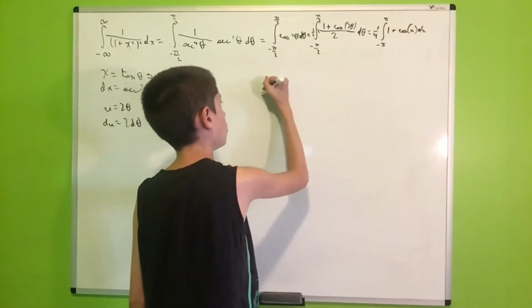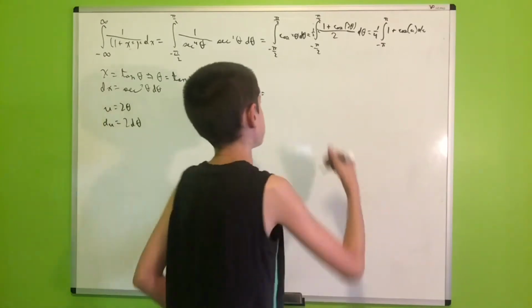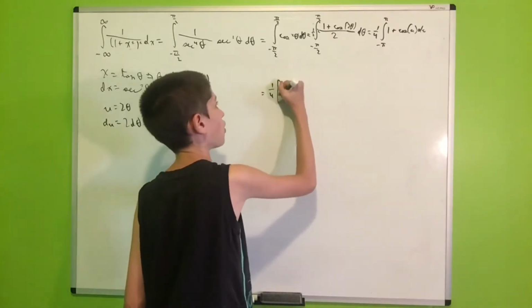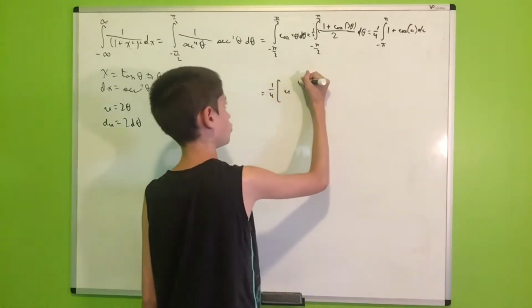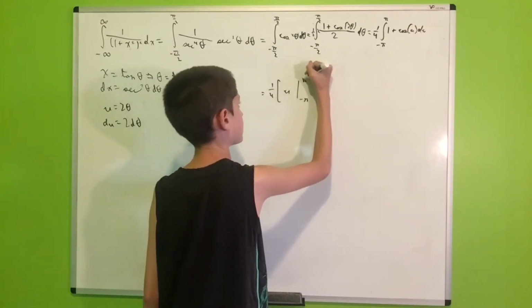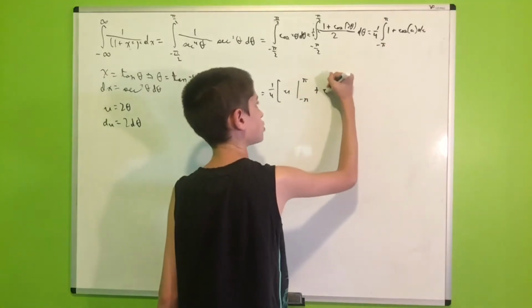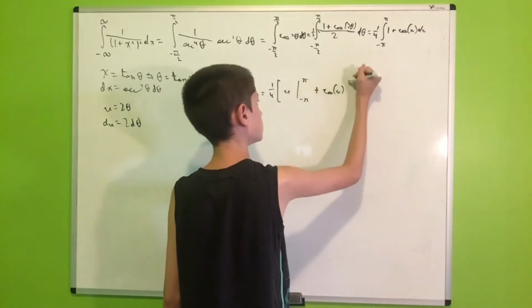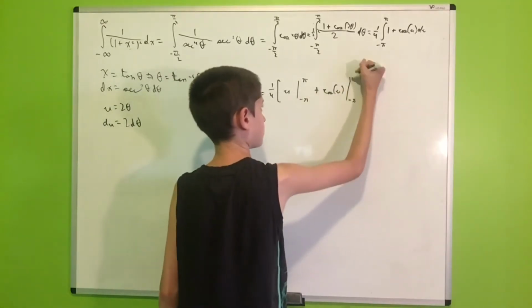And now, we can simply distribute this integral and take the antiderivative of everything. So we'll get 1/4 times the antiderivative of 1 is u, so u evaluated at negative pi and pi, plus the sine of u evaluated at negative pi and pi.